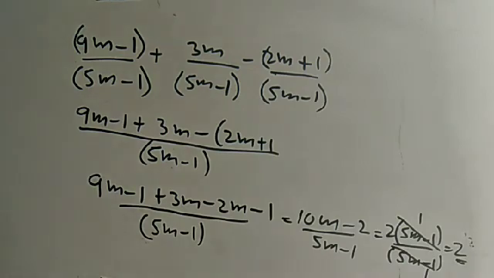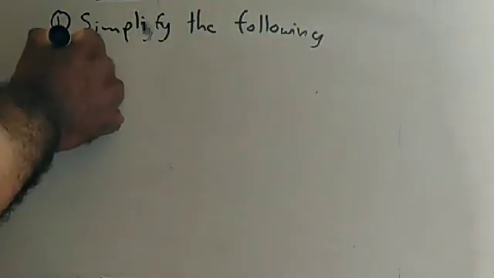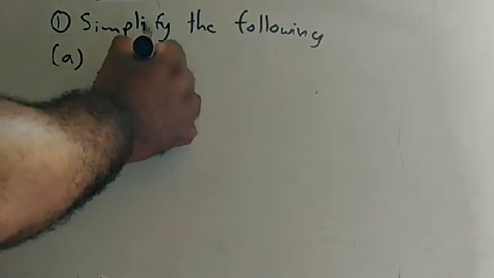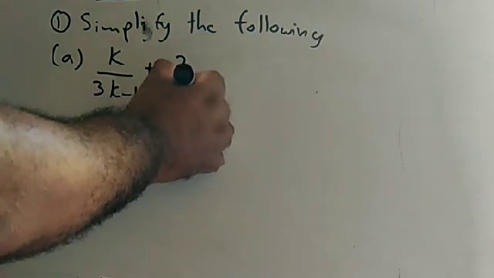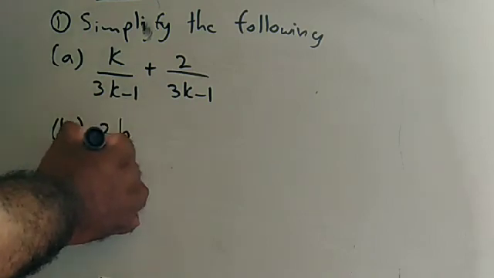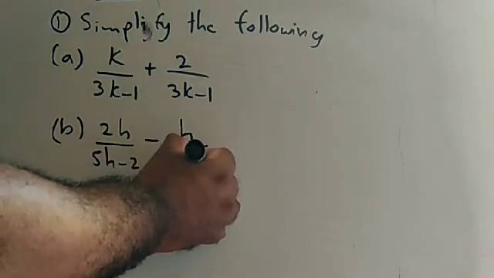Right, okay. Can you complete this at home? Simplify the following. A. k upon 3k minus 1 plus 2 upon 3k minus 1. B. 2h upon 5h minus 2 minus h upon 5h minus 2.